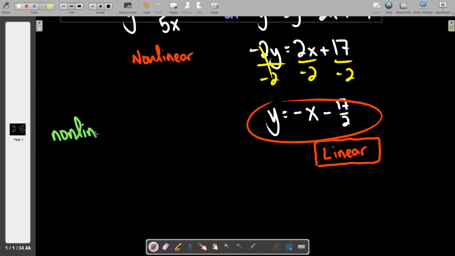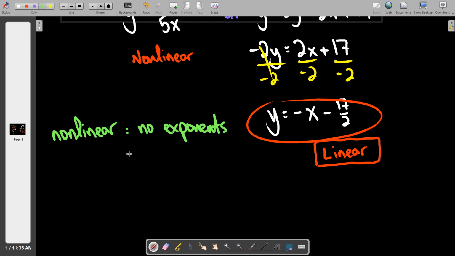To be non-linear, the first rule you can't break is no exponents on your x. In fact, just no exponents at all. Let's just keep it that way. If you see any x squareds or y squareds or anything, it ain't going to be a straight line. Okay. So that's the number one rule that you can't break to be a straight line.